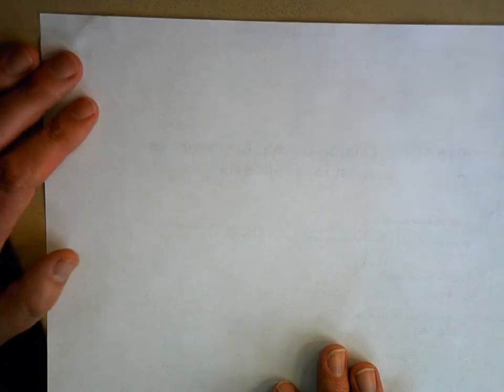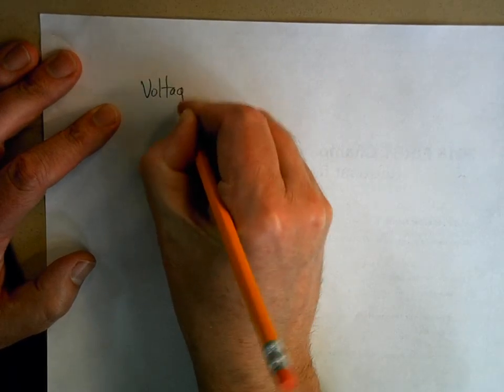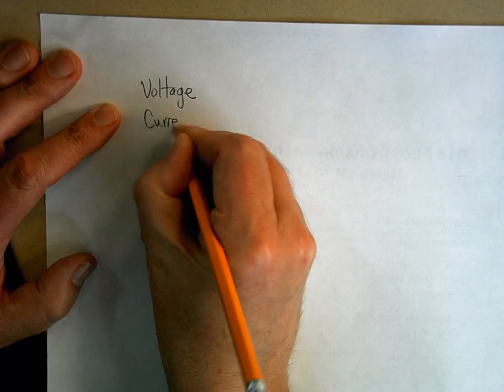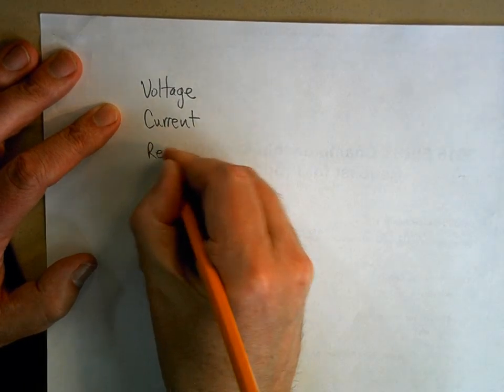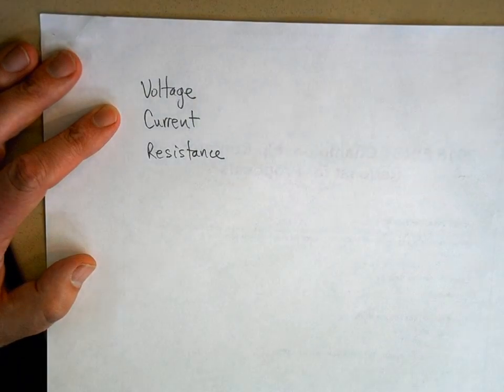All right. So we've got these quantities that we've talked about so far. Voltage, current, and resistance.